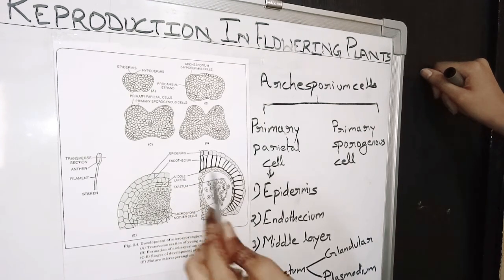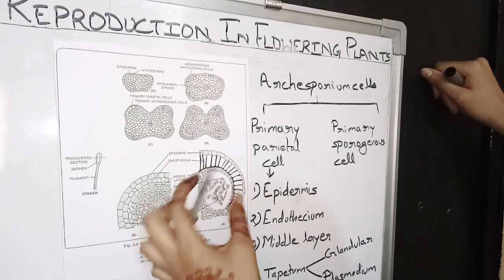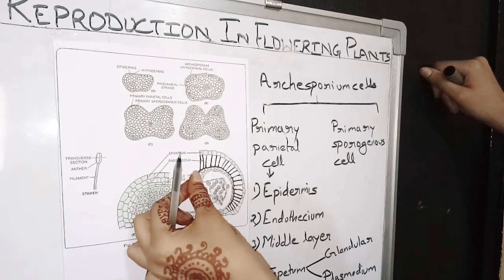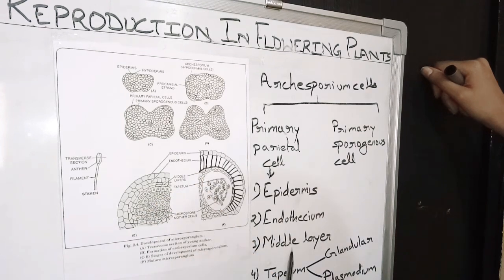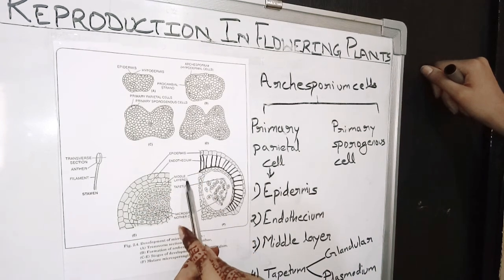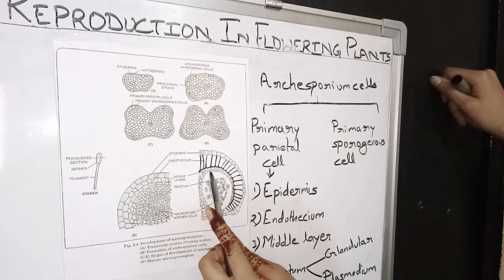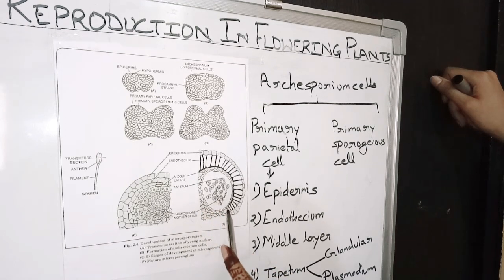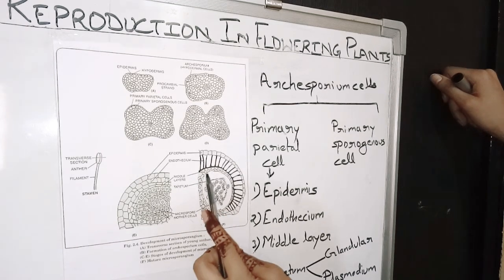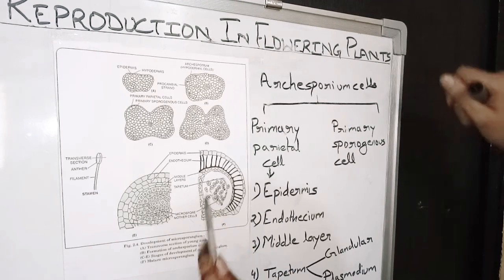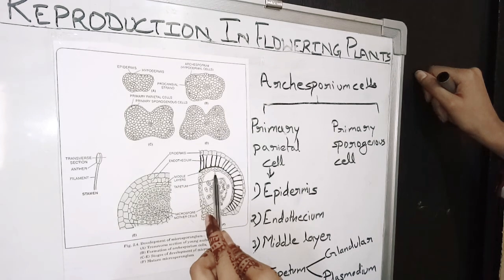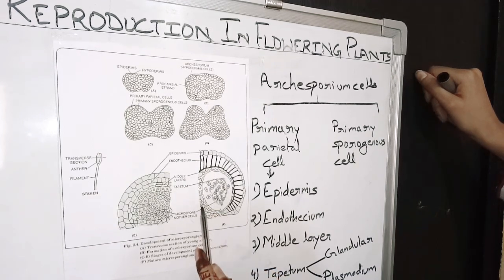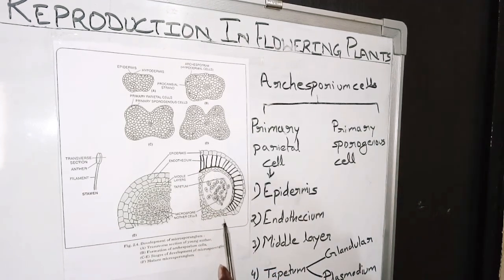It is incomplete. You can see that it is over here. And the next is the middle layer. The middle layer is completely surrounding the microsporangium sac. These are cell-type structures.